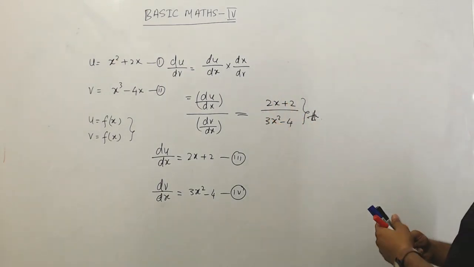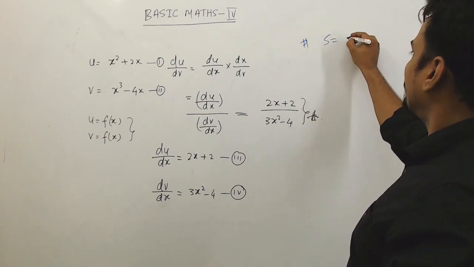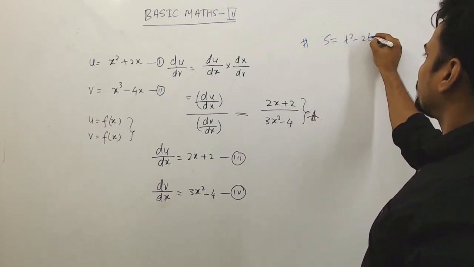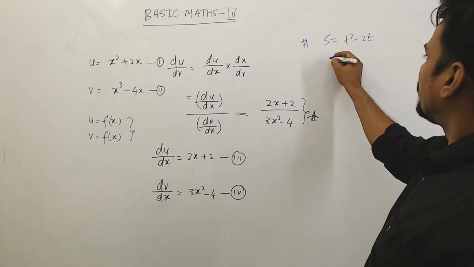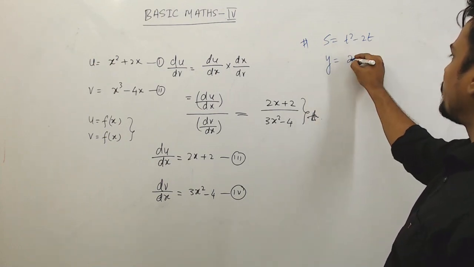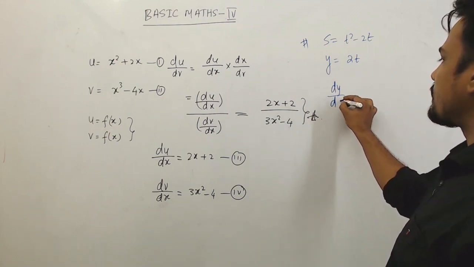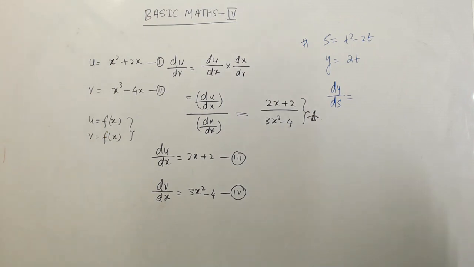There are going to be various cases. For example, let's say I say that s is a function of t, maybe t square minus 2t, and maybe probably I can say y is a function of t again, maybe 2t, something like that. And I want to find dy upon ds. Alright, we're going to do the same process.